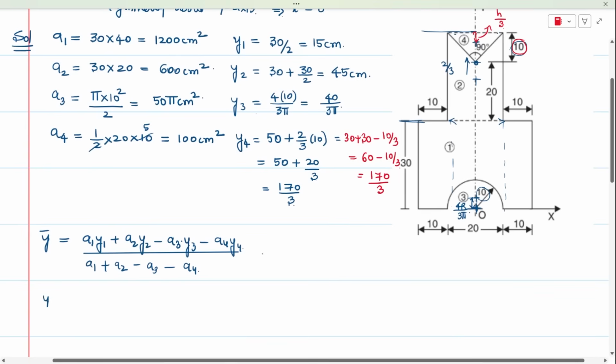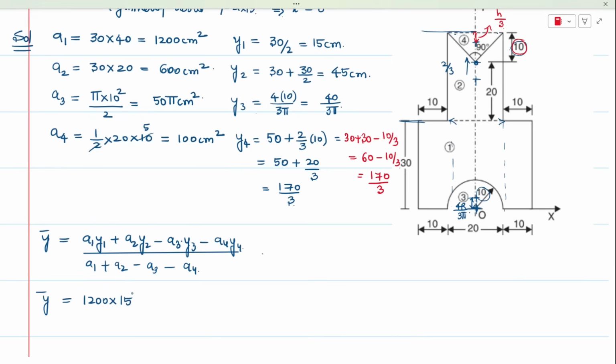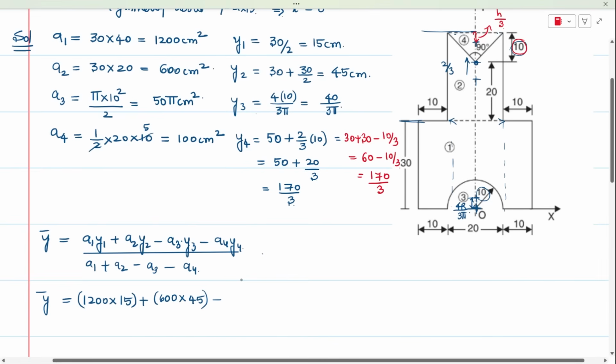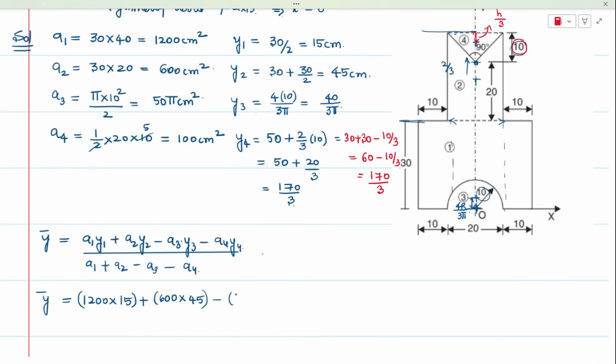Now y bar will be equal to A1 is 1200, y1 is 15, A2 is 600, y2 is 45, minus A3 is 50 pi and y3 is 40 by 3 pi, minus A4, which is 100 into 170 by 3.